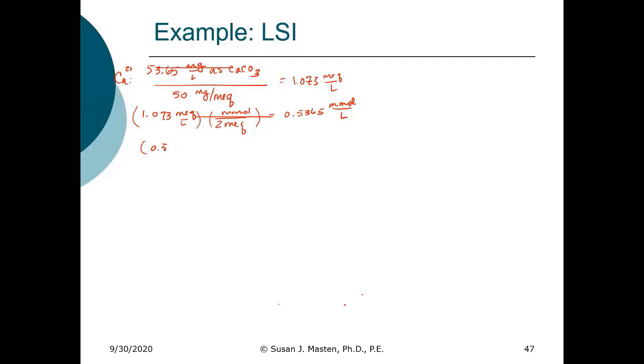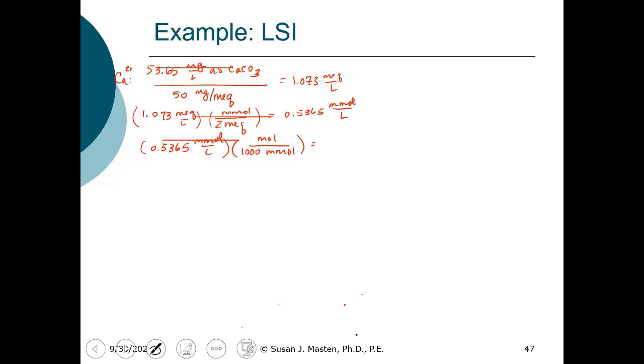And we need one last conversion: there are 1,000 millimoles per mole, and that is 5.37 times 10 to the minus 4 molar.